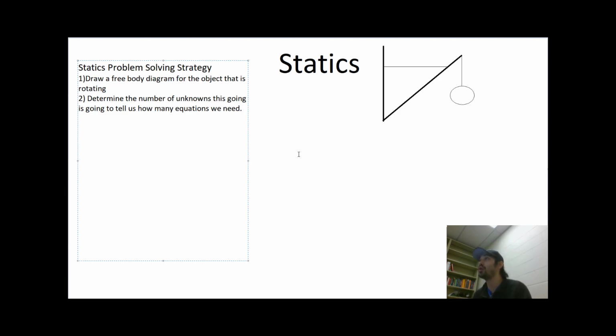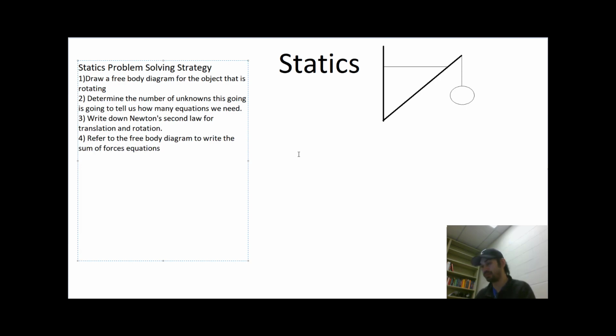The third thing that we want to do is to write down Newton's second law for translation and rotation. The fourth thing is to refer to the free body diagram to write the sum of forces equations.